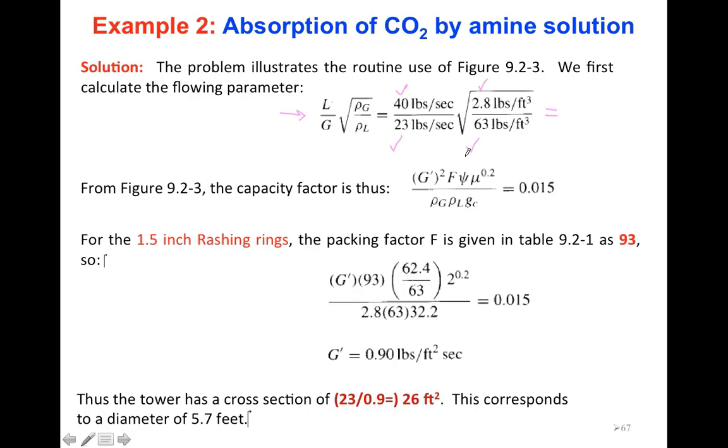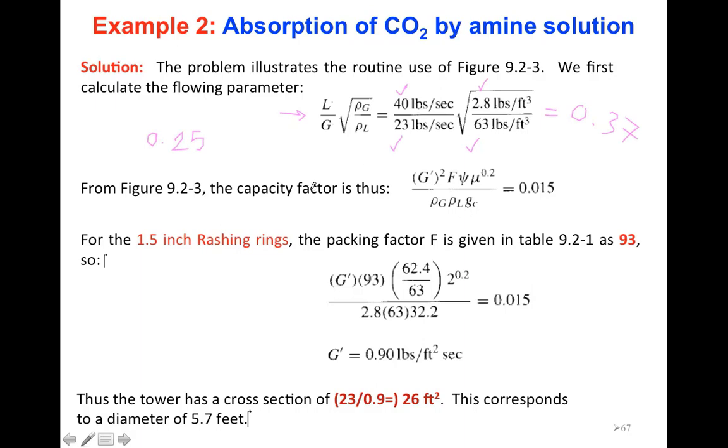It's going to be 40 divided by 23 times the square root of 2.8 divided by 63. If you do this calculation, you should get 0.37 here. Okay, so then we have the pressure drop, which is 0.25.